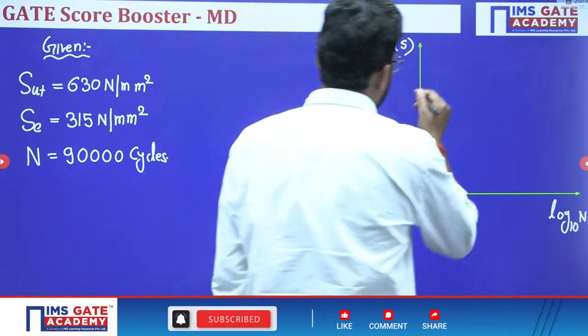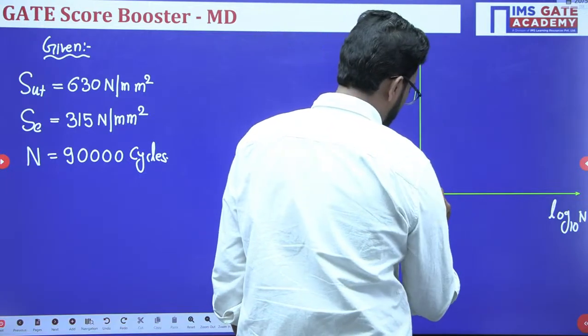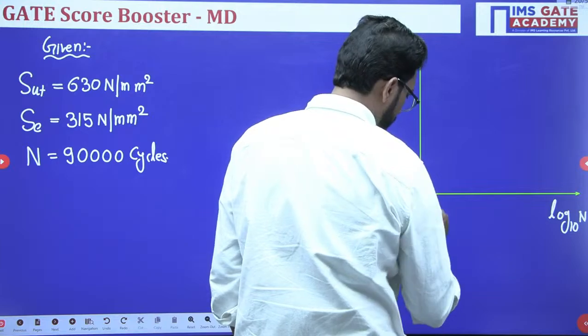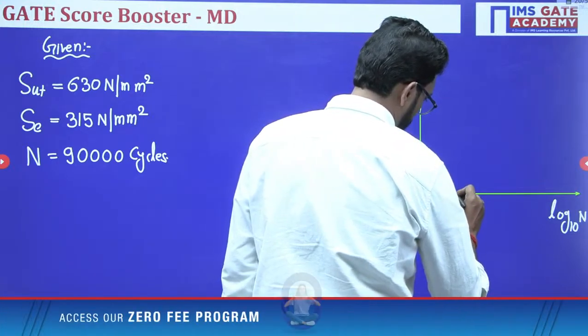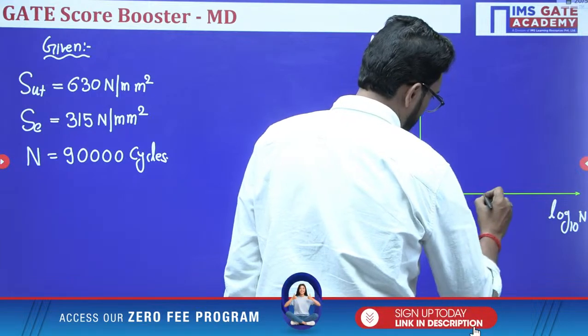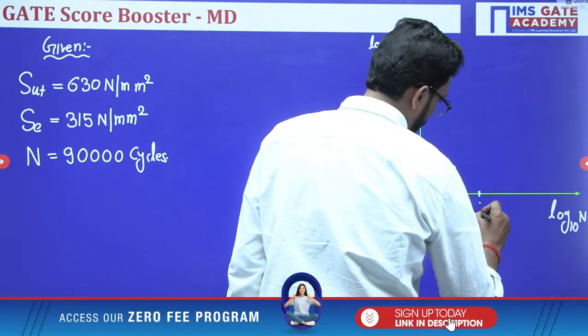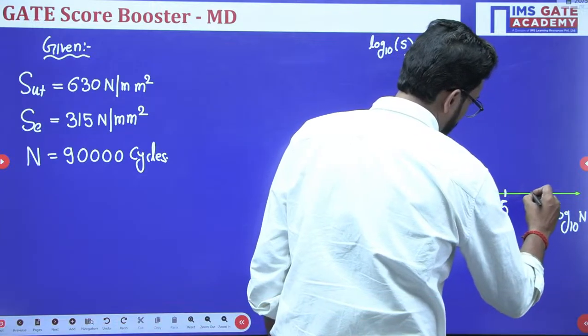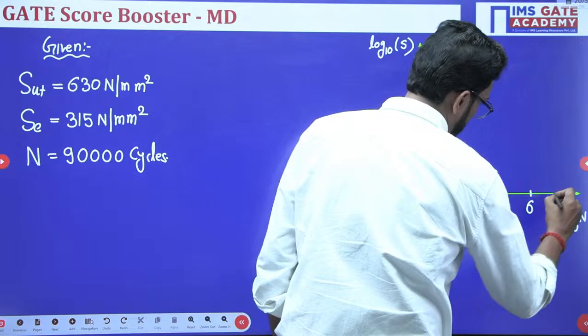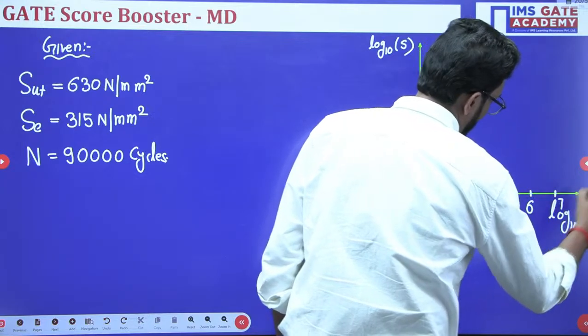Okay. So here we know that this is 0, 10 to the power 0, then 3, 4, 5, 6, 7 like that.